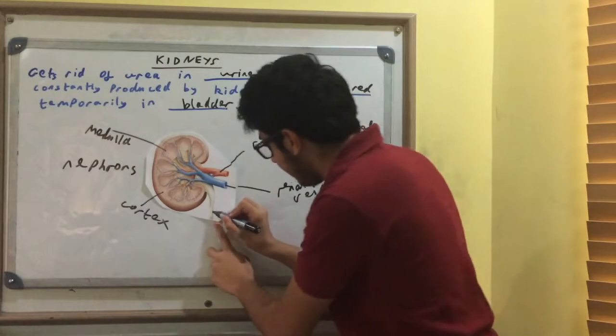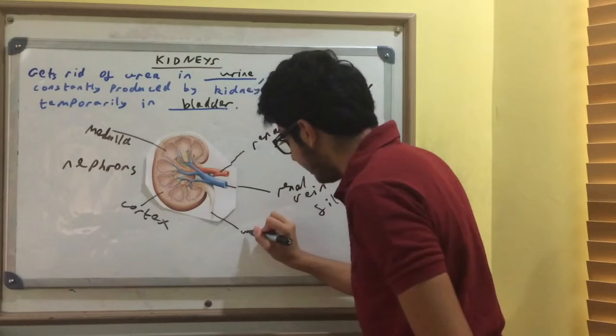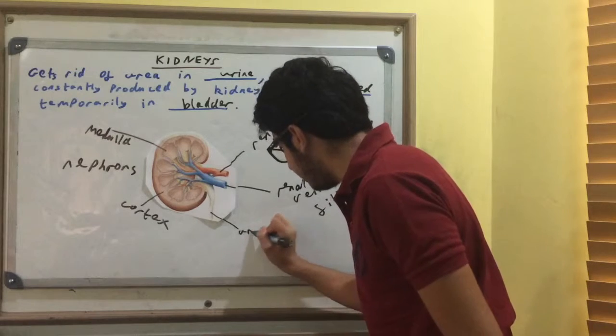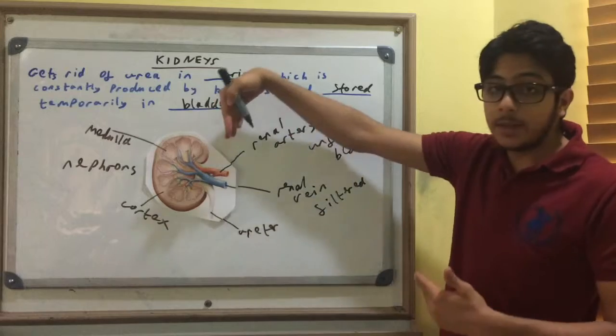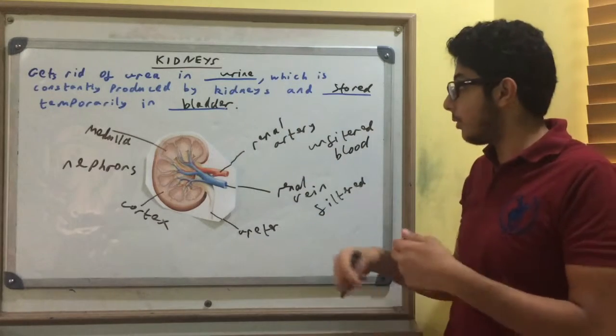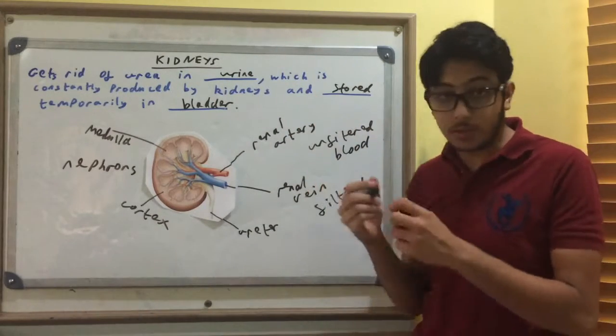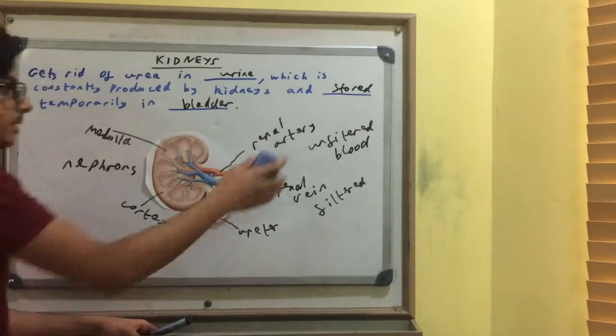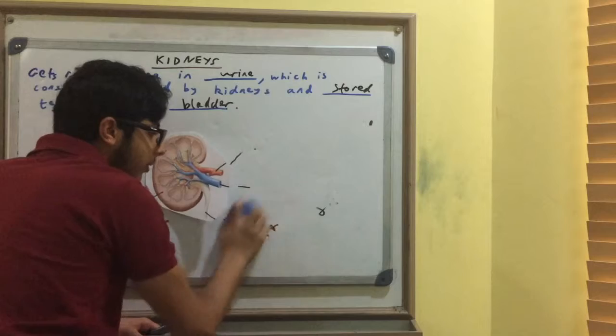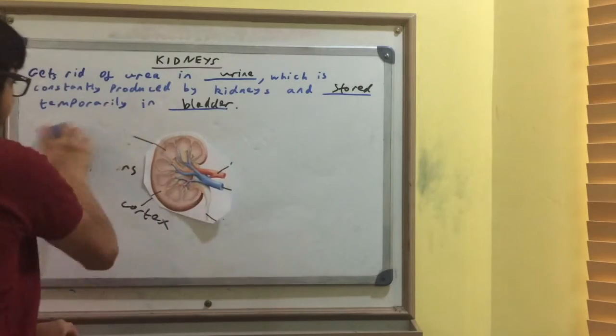And here we have the ureter. And the ureter, this tube, is where the urine goes from the kidney to your bladder. Because remember, urine is produced in the kidney but stored in your bladder. So let me give you a small diagram of what the bladder looks like.